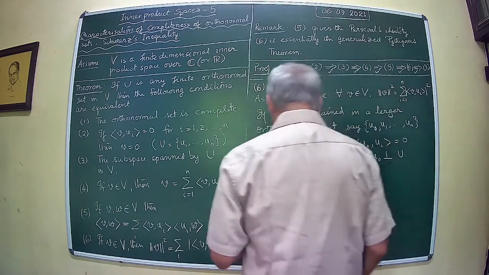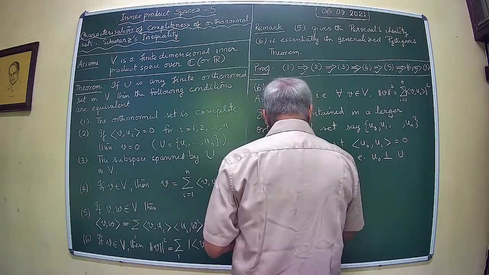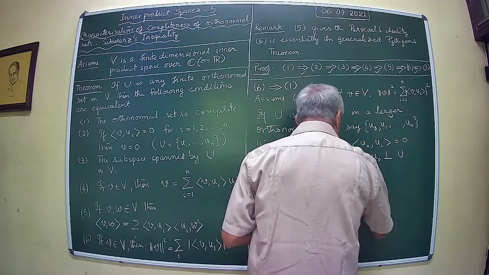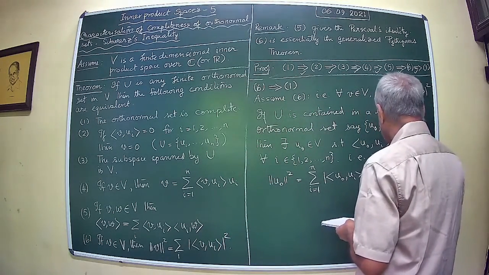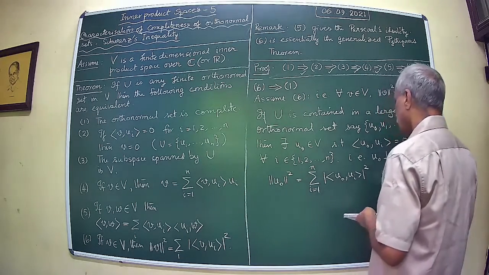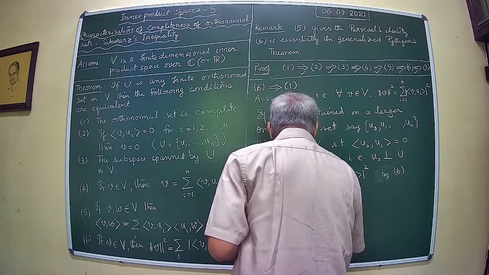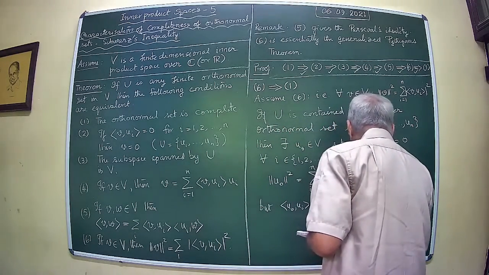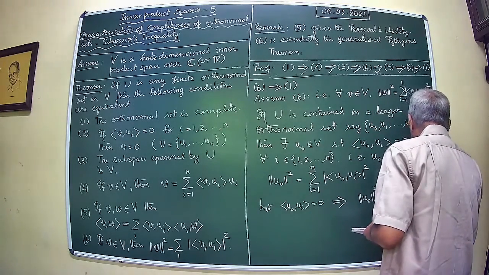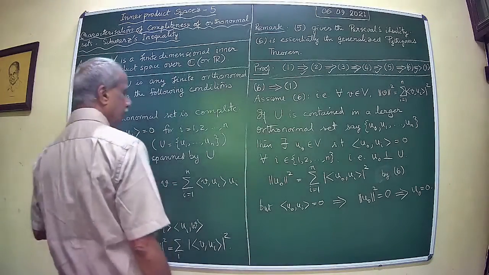If 6 holds, by 6, it implies norm of, which in turn implies, so we have U naught, inner product of U naught with U naught is equal to 0, therefore U naught is equal to 0.